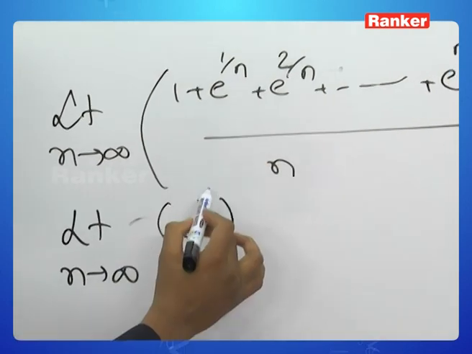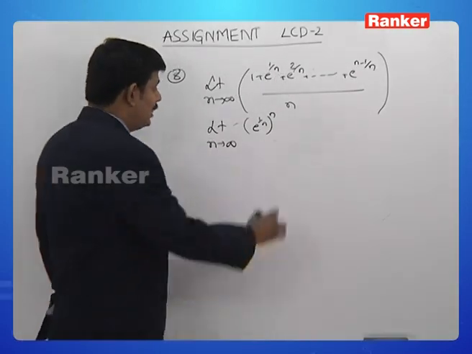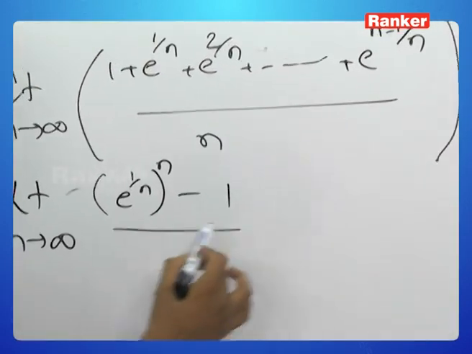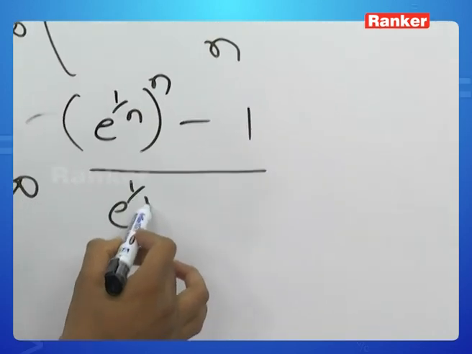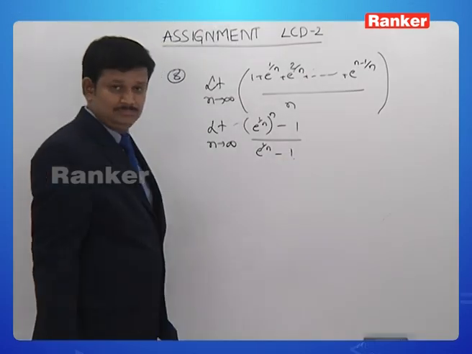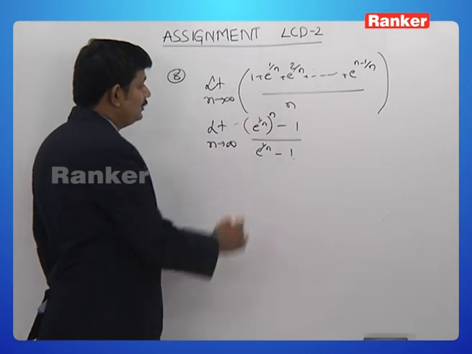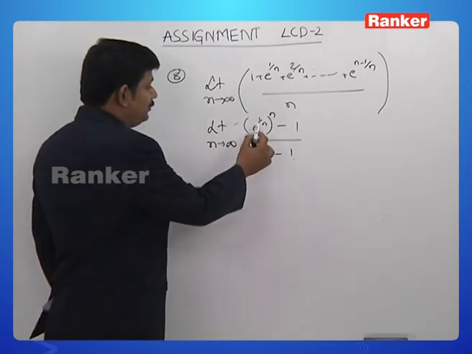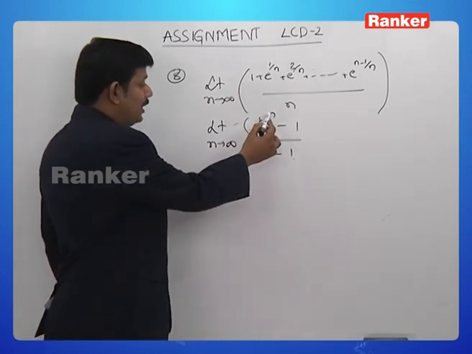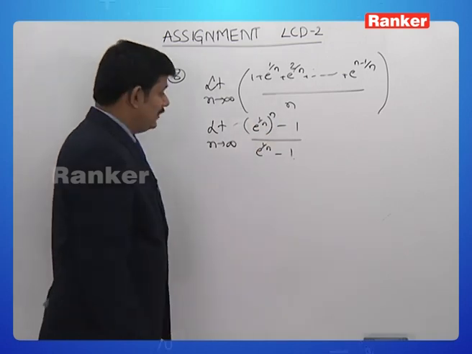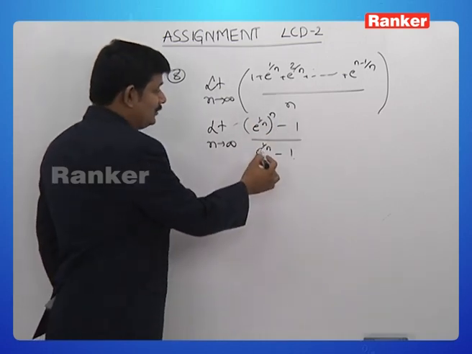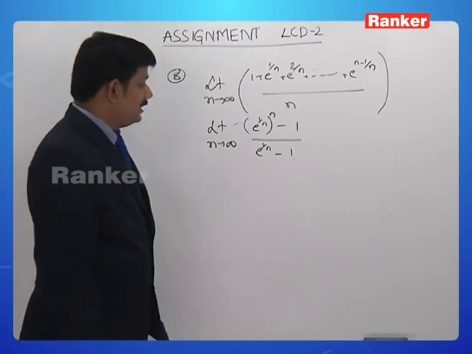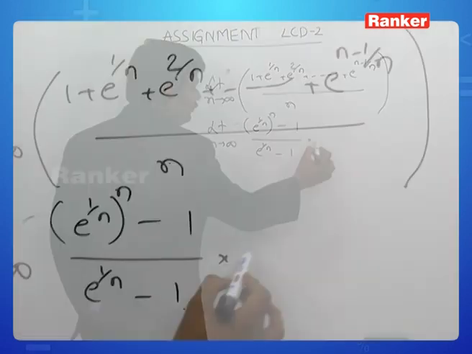Power number of terms is n minus 1 divided by r minus 1. So, numerator it is equal to e power 1 by n whole power n minus 1 divided by r minus 1, which is e power 1 by n minus 1, and we also have this 1 by n.